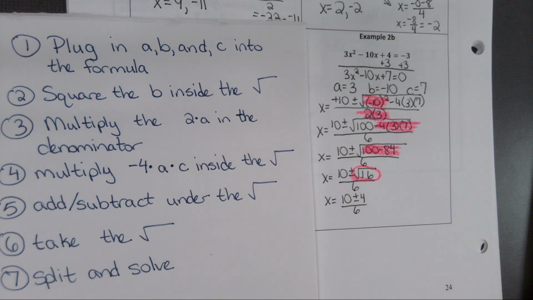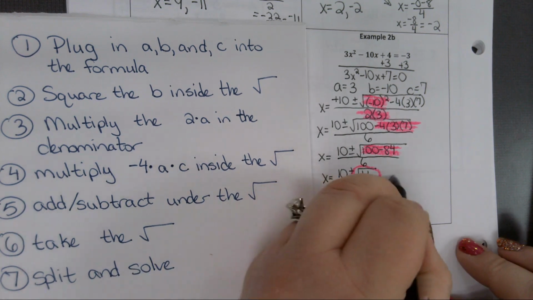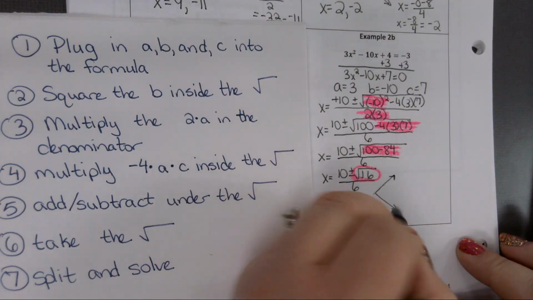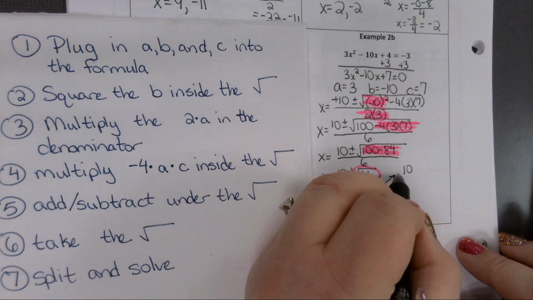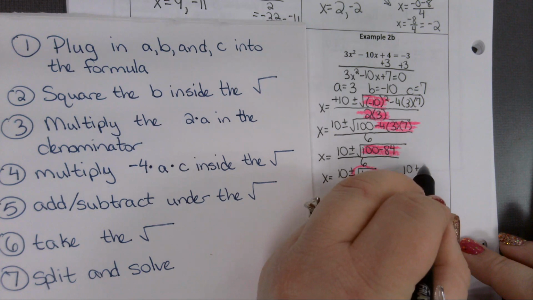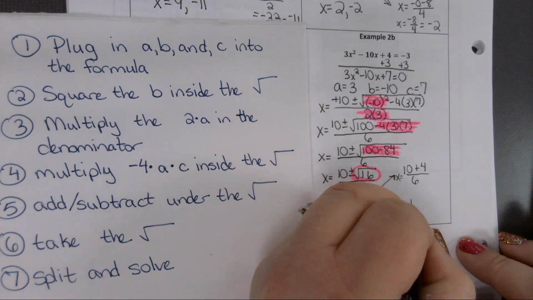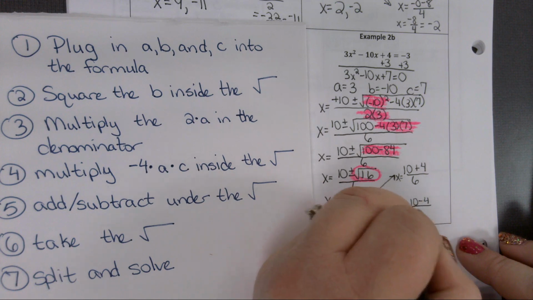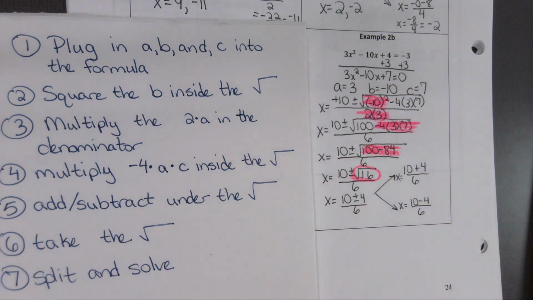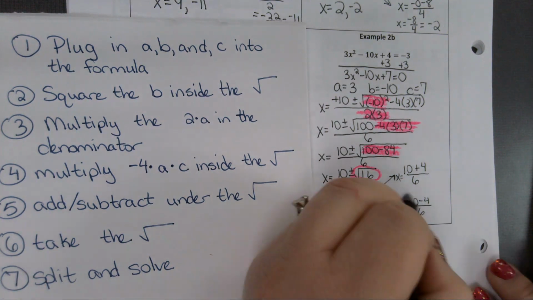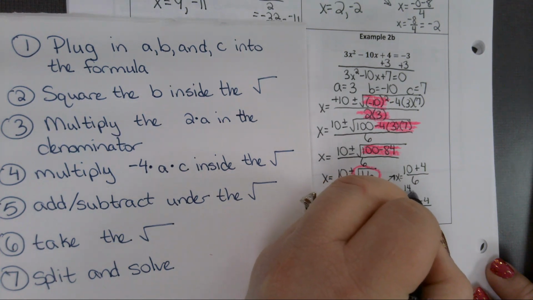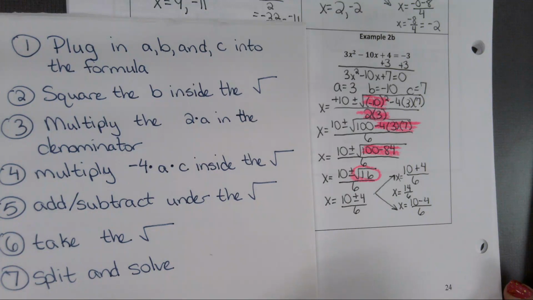Split and solve. X equals 10 plus 4 over 6, and x equals 10 minus 4 over 6. 10 plus 4 is 14 over 6.